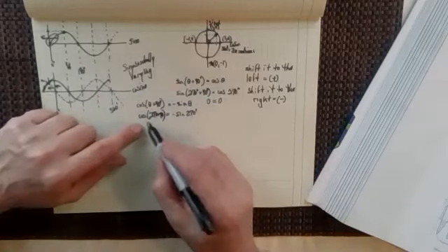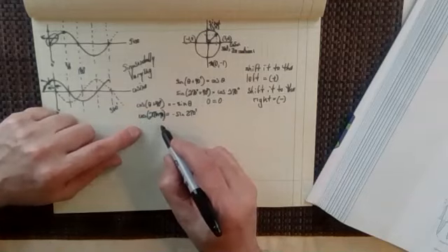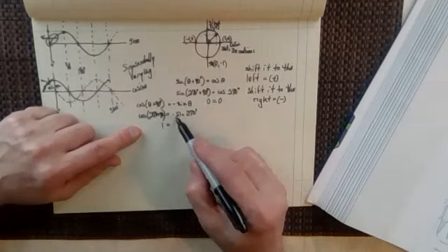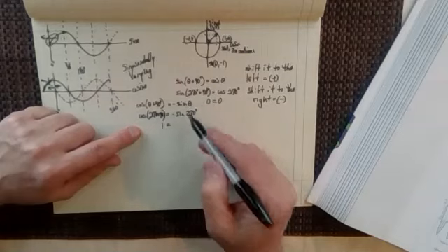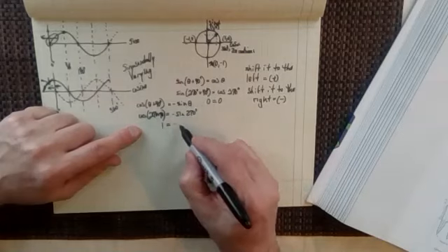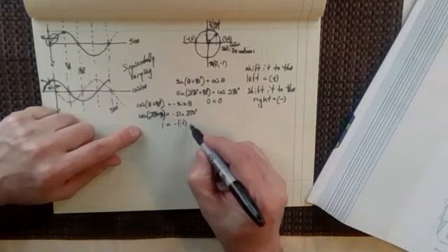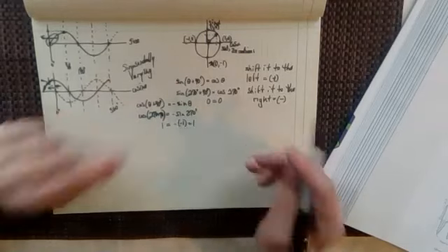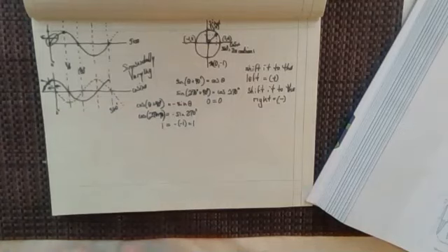Right? So let's just see, the cosine of 360 degrees would be 1. And minus the sine of 270 degrees, well, minus a minus 1 equals 1. Does everyone see how that works?